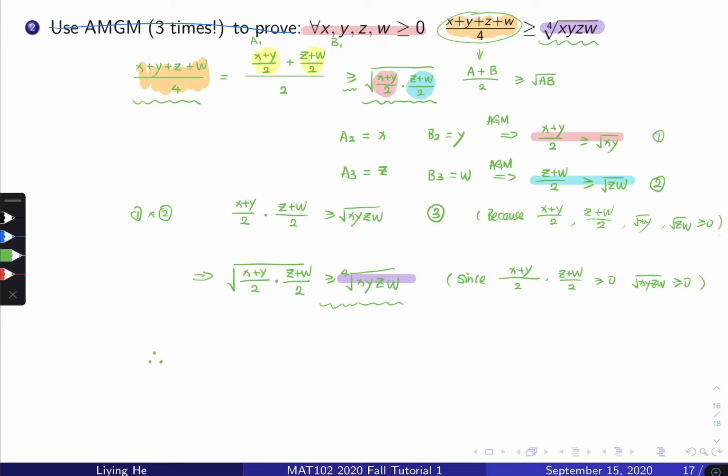That's why you can take square root on both sides. Okay, now let's make the conclusion. Therefore, (x+y+z+w)/4 is greater than or equal to the square root of (x+y)/2 times (z+w)/2, which is greater than or equal to the fourth root of xyzw.